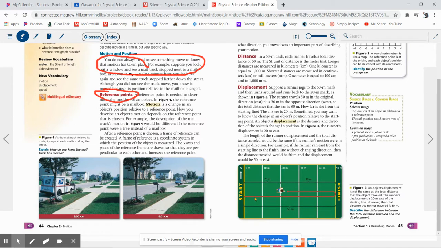So the distance here is 10, 20, 30, 40, 50, 60, 70, 80 meters. This person has run 80 meters. Their displacement, on the other hand, if they stop running right here, is point A to point B in a straight line. So here it would be 20 meters. If we consider north, south, east, and west, they are 20 meters east from their starting point.